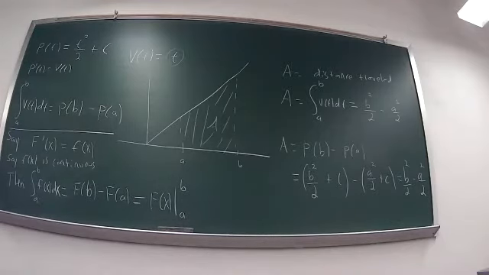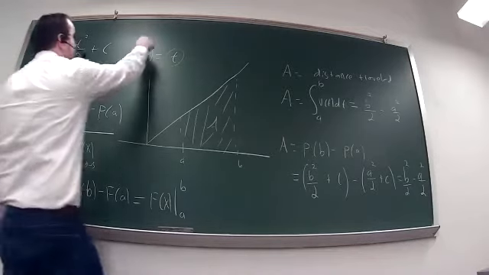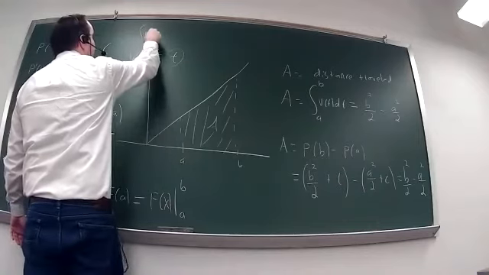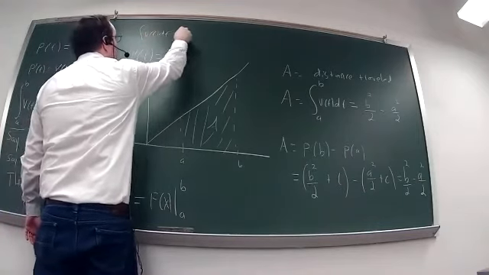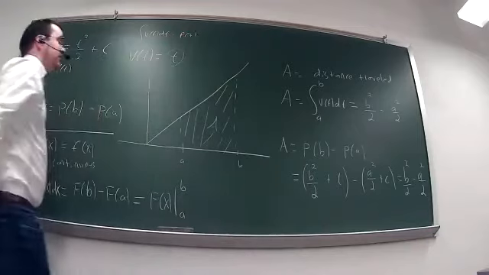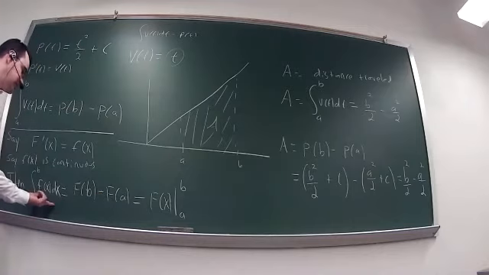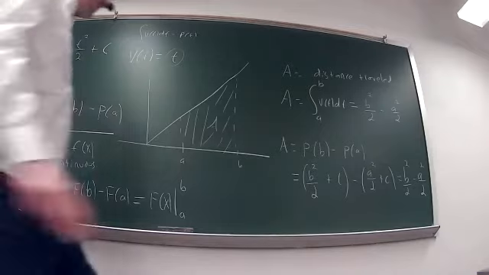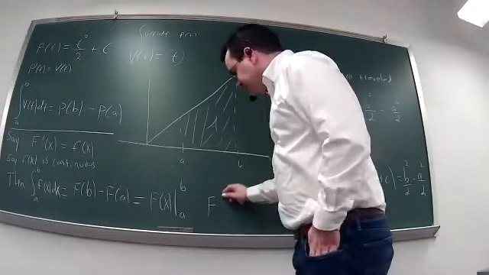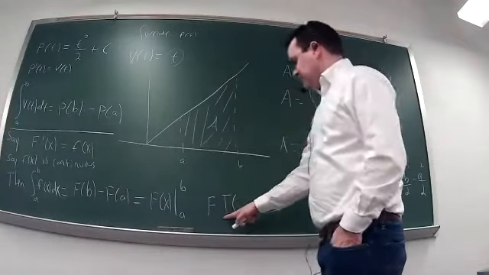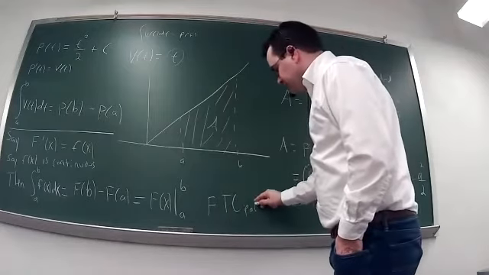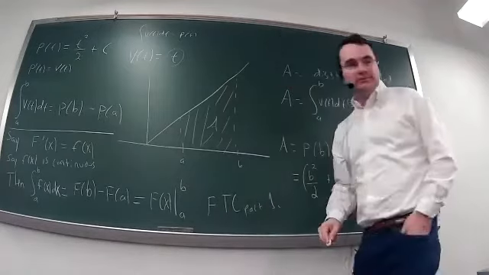So this explains why we used this notation for indefinite integrals. We use that notation because you can use indefinite integrals to calculate definite integrals. And so this is called the fundamental theorem of calculus, part 1.